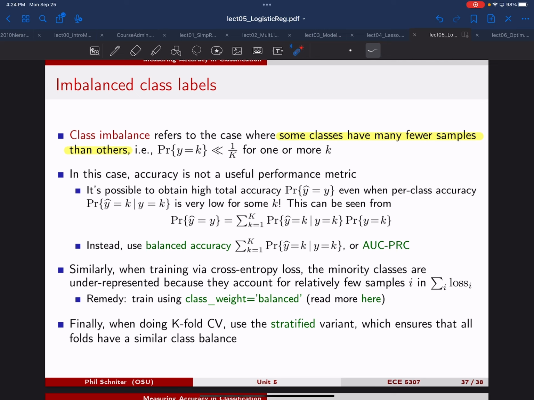What's an easy way to get a 99% accurate test when your population is 99% healthy and 1% sick? Say everyone is healthy, exactly. So you have a trivial test that always predicts healthy, and it's true 99% of the time. Obviously, it's trivial, it's useless. So you don't want to get fooled by high accuracies, especially in the case that you have imbalanced labels.